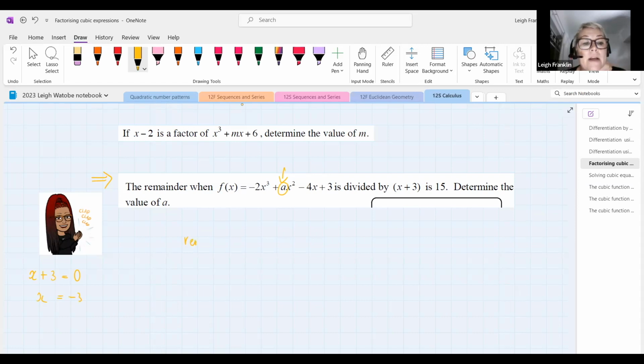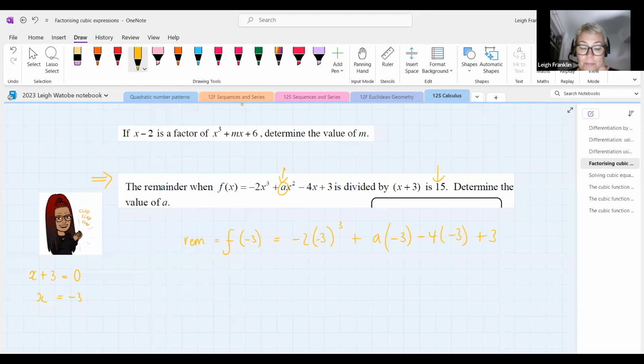So your remainder, when you sub in -3 into -2 times -3 cubed plus a times -3, oh, hang on, sorry, I left the negative off there. -3 cubed plus a times -3 minus 4 times -3 plus 3 is 15. Okay, so what am I going to replace with 15? My f of -3.